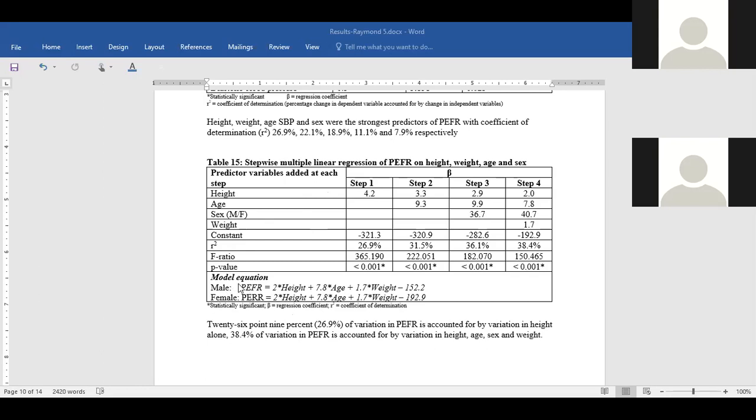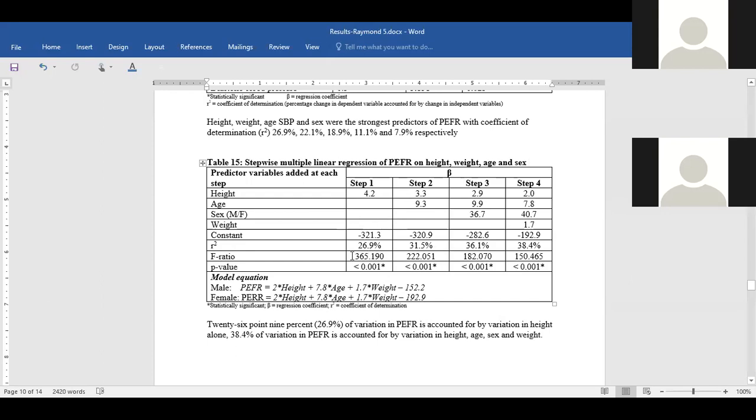You will see for step 1 the R square. You do the model, and this is the beta. Then the beta for each stage, how the beta increases, then the R square for each of them.